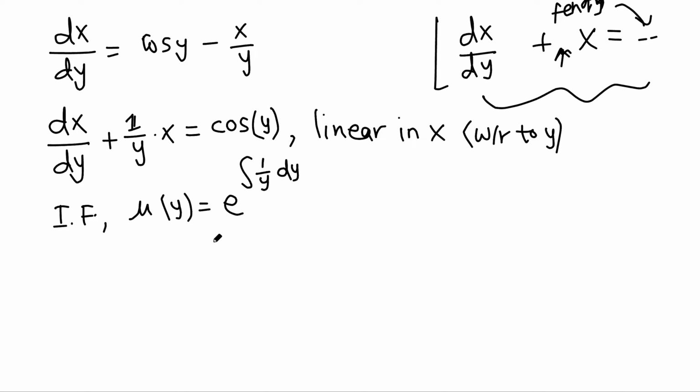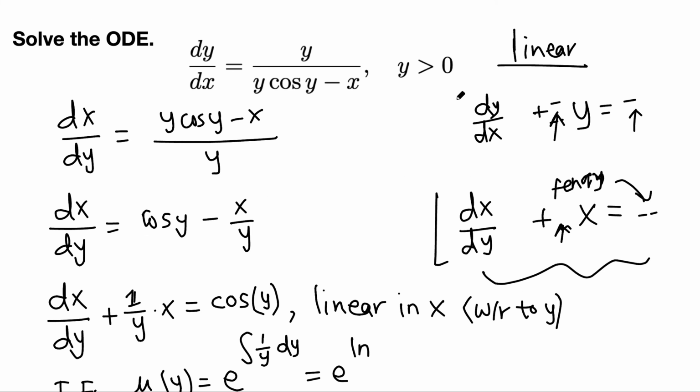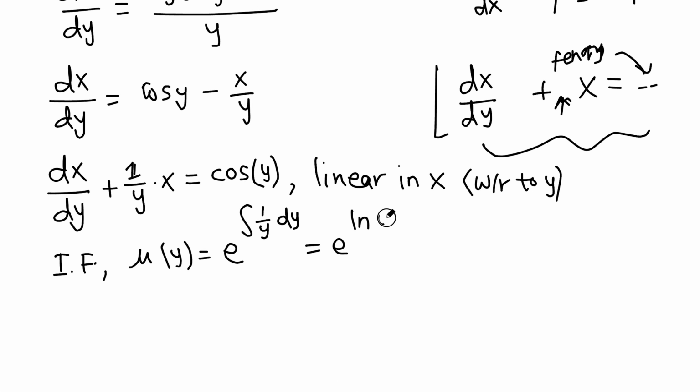Okay, the roles of x and y are interchanged. And this one is e raised to the antiderivative of 1 over y, which is ln absolute y, but it's given in the question y is positive, so no need to put absolute value. E to the natural log, when they are adjacent, this is simply y.